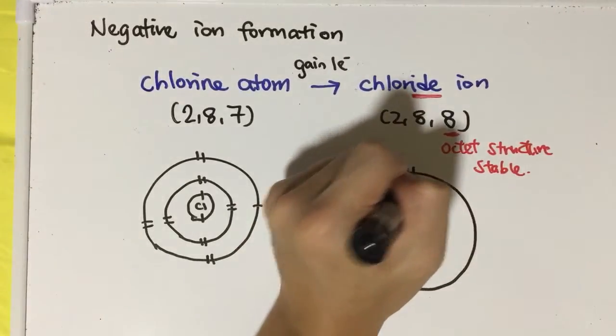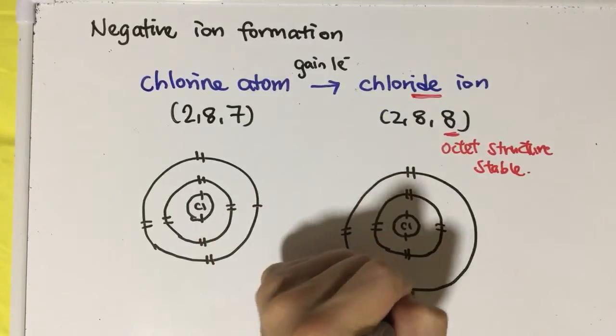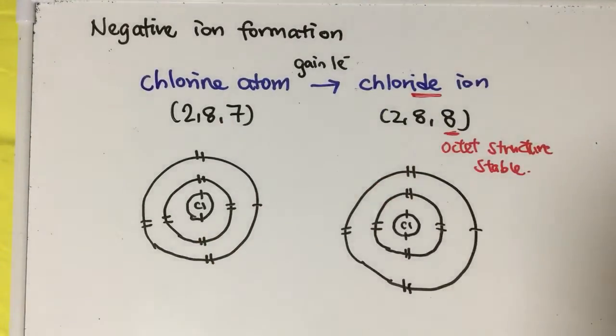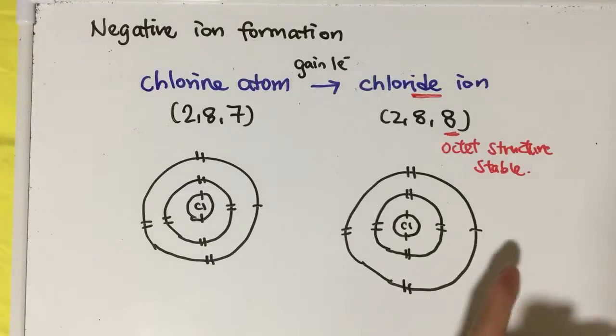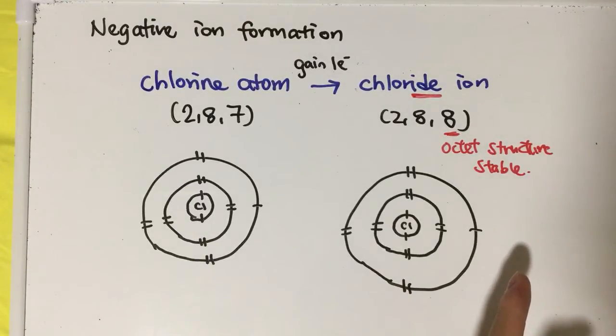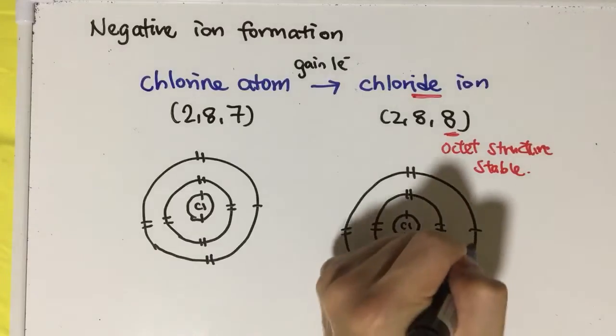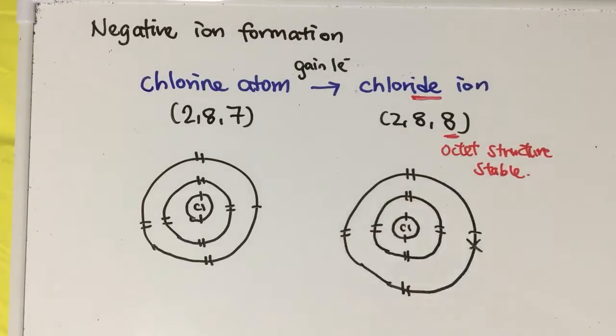Pay attention: there is 1 electron being added to the chlorine atom to form the chloride ion. So for the 8th electron, we have to use a different symbol to make a remark, so that we know this electron is the electron gained.